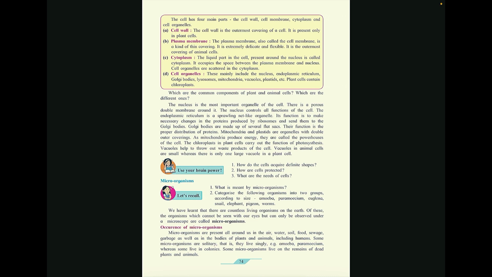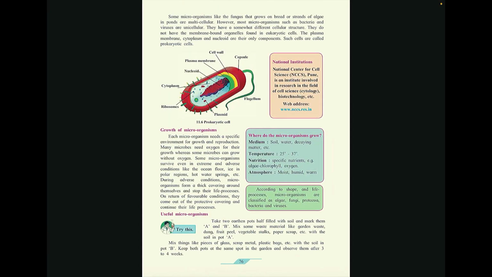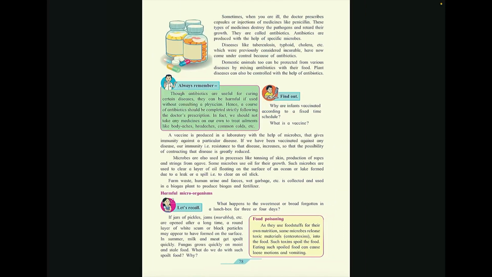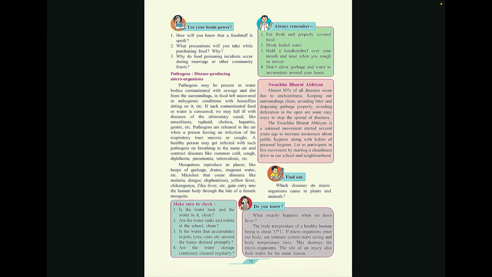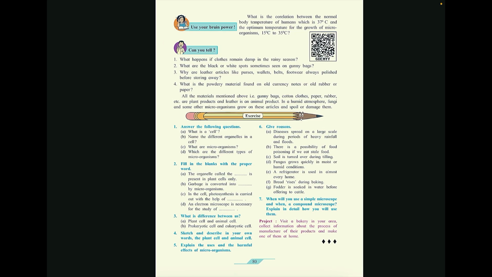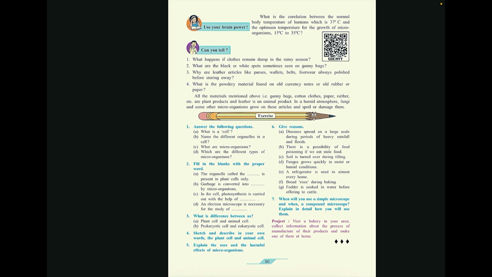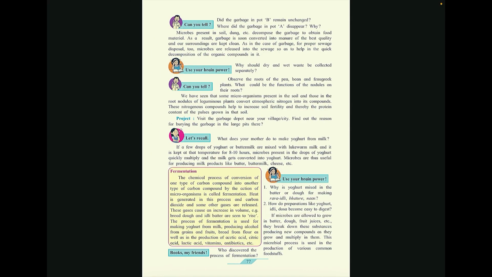Then all the other concepts like occurrence of microorganisms, nature of microorganisms, growth of microorganisms, and harmful and useful microorganisms, and then this lesson will be over. That is what we are going to see in this lecture.